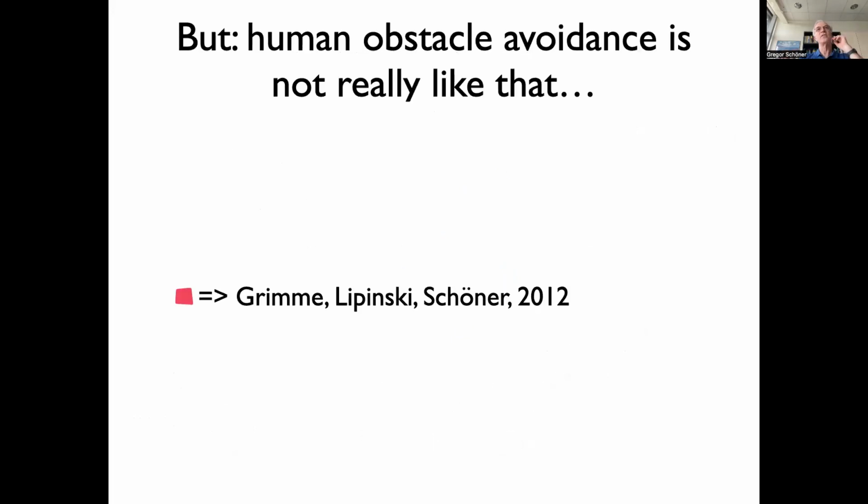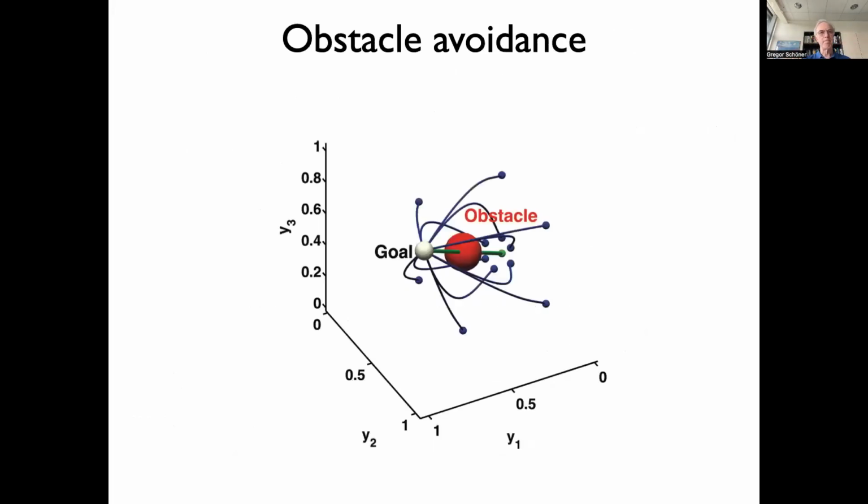And unfortunately, that isn't really what human obstacle avoidance is like. We did a series of experiments, this one paper, studying that. And there's a doctoral thesis that was just handed in that finally made a model of these data. It turns out humans make the obstacle avoidance really by modifying the timing.